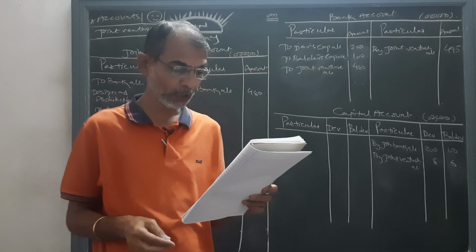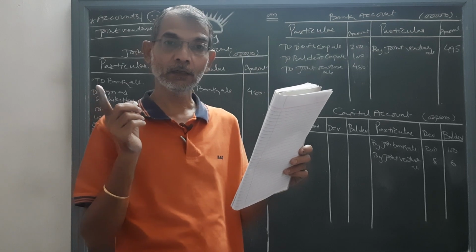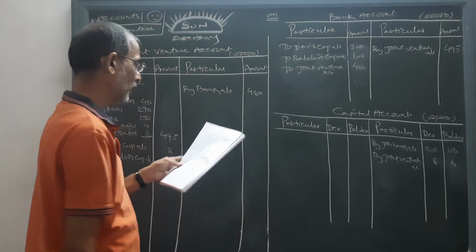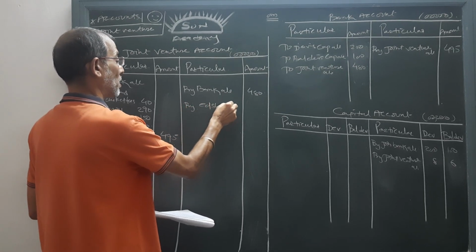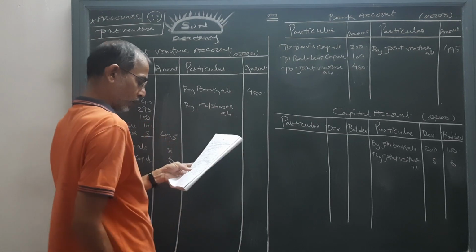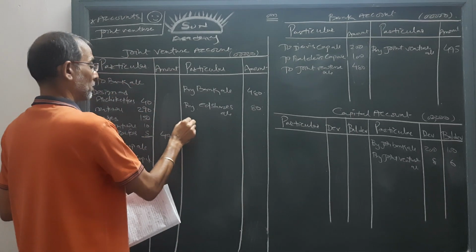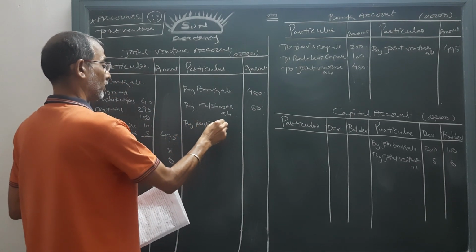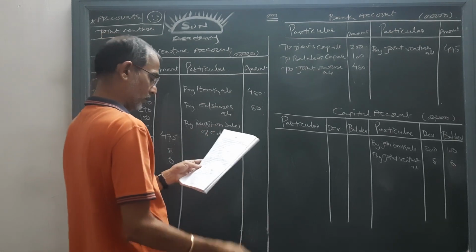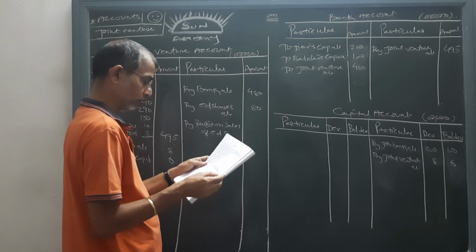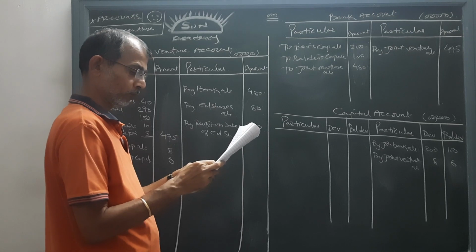Then after shares of 80 lakh were sold at 110, meaning 1 crore 10 lakh. So by equity shares account will be written as 80, by profit on sale of equity shares, that will be 30.